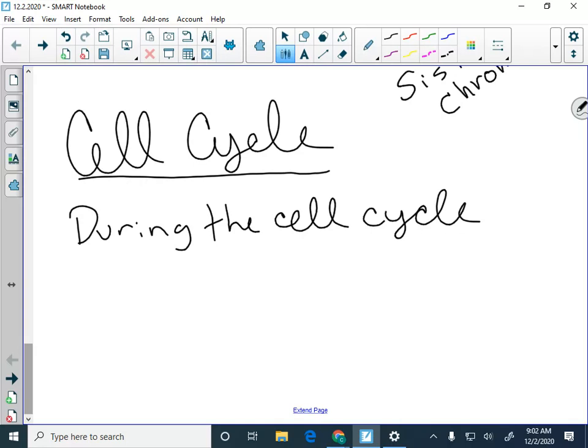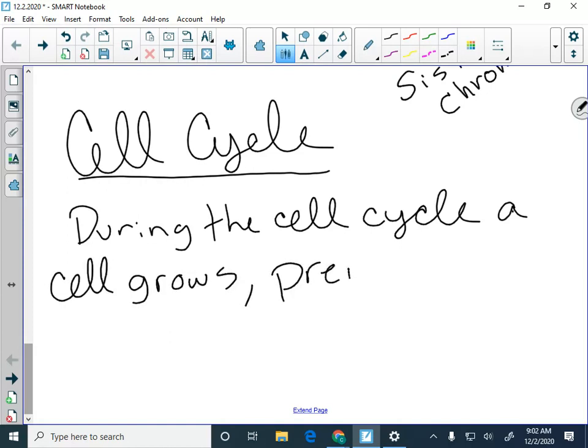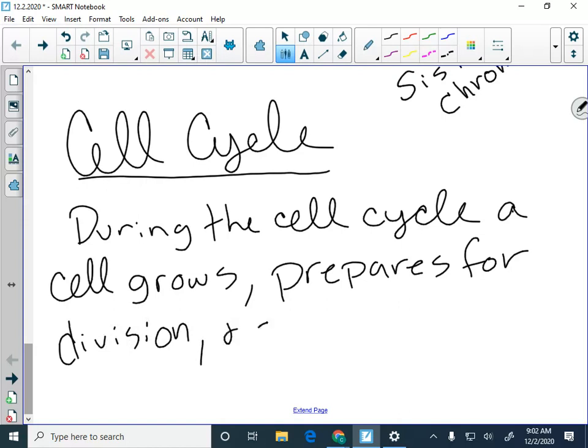So during the cell cycle, a cell grows, prepares for division, and divides into what we said yesterday, two daughter cells.